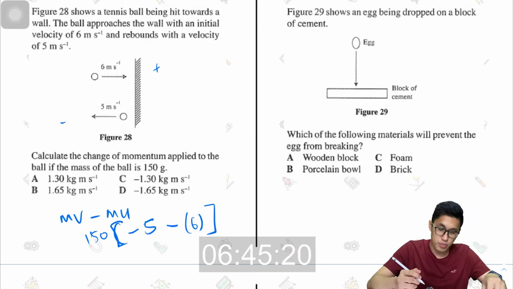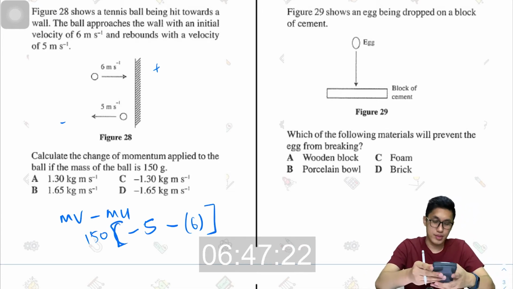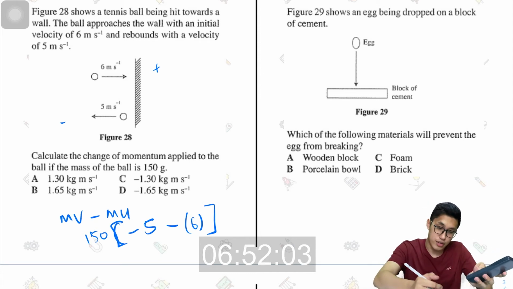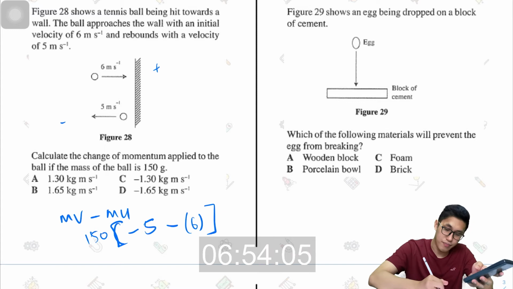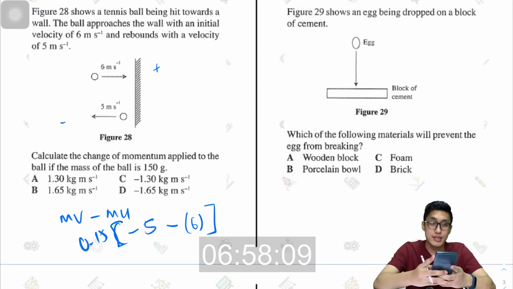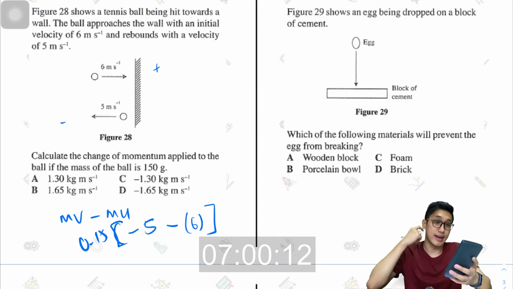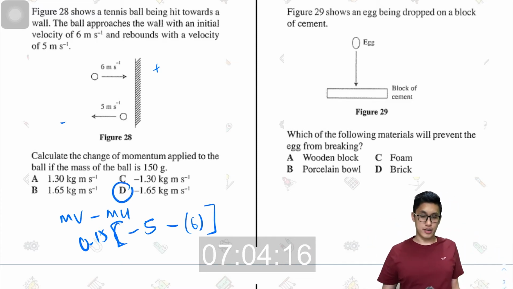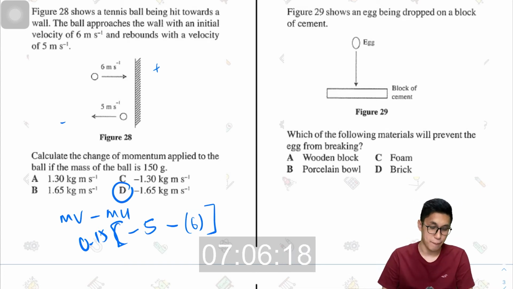Okay, so this would be 11 times 150. So 150 should be 0.15, yeah, because this is in kilograms. 0.15 times 11, I'll get negative 1.65 kg meter per second. Okay, so that is D.